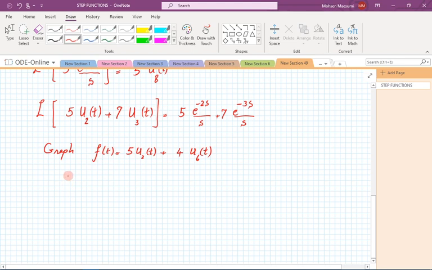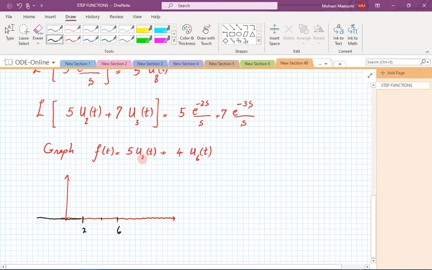So what is this? Well, smart thing to do is to indicate times that we are concerned about on the horizontal axis. So say this is 2, 4, and then 6. So smallest time at which something happens is 2 seconds. Before that there's nothing. So before that we have that 0 voltage, nothing is there.